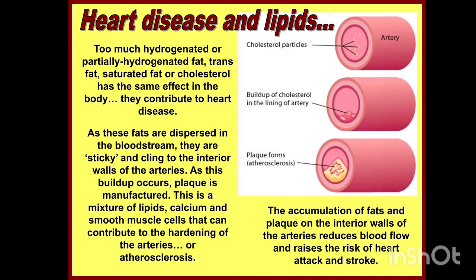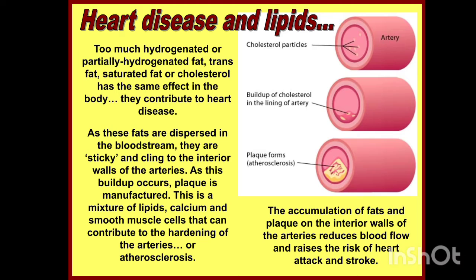Heart disease and lipids. Too much hydrogenated or partially hydrogenated fat, trans fat, saturated fat, or cholesterol has the same effect in the body. They contribute to heart disease. As these fats are dispersed in the bloodstream, they are sticky and cling to the interior walls of the arteries. As this buildup occurs, plaque is manufactured.